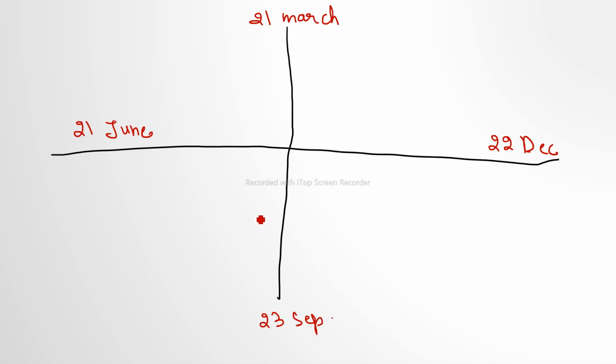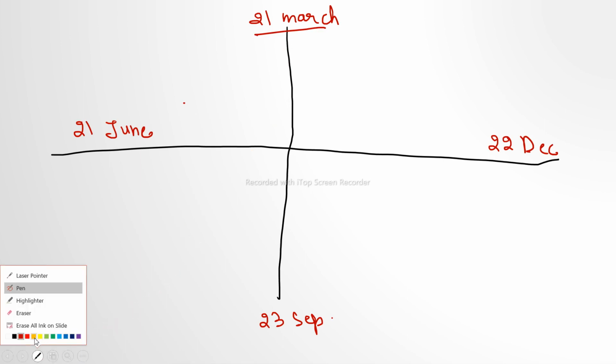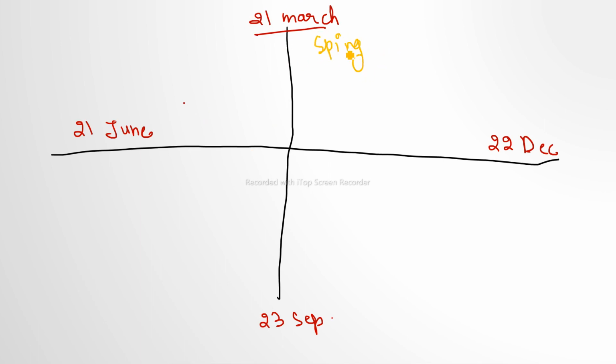Now, these four dates are very important. When I talk about 21st of March, I'm really sorry guys. So on this 21st of March, you know that spring is going to begin, and hence this particular date is related to the phenomenon called spring equinox.